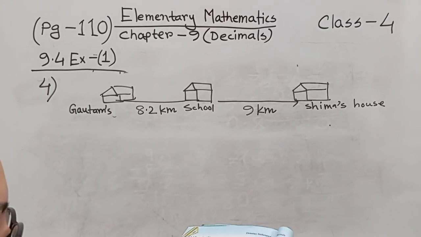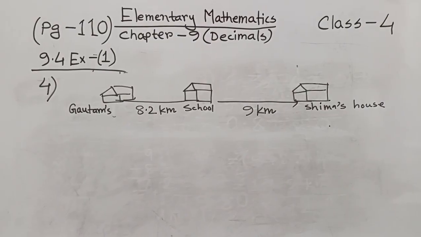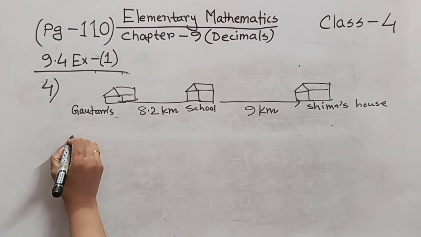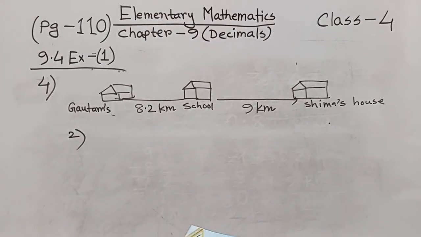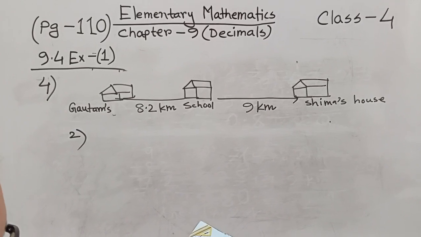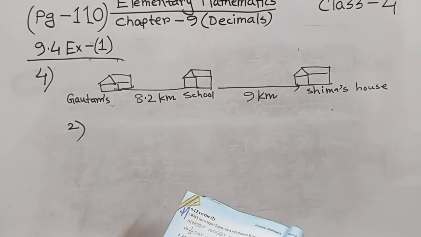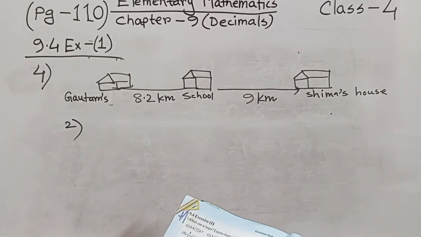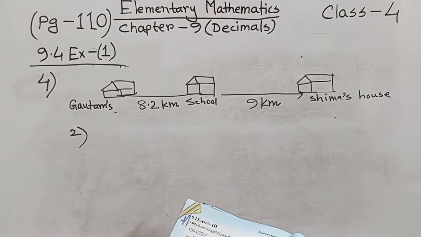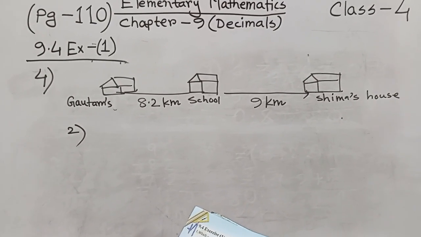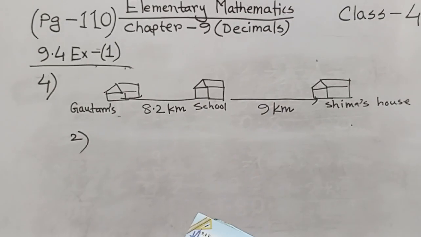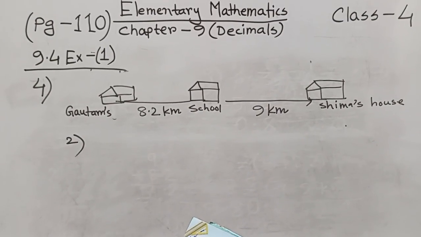Now we will do the next part of this math. Question number 2. How many kilometers is the distance from school to Shima's house and then the distance from school to Gautam's house? So here we have to find out the difference of these two distances.